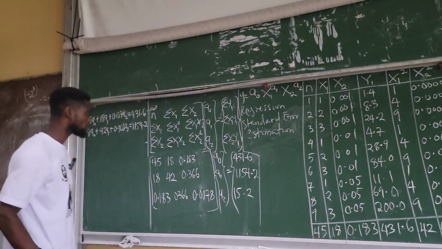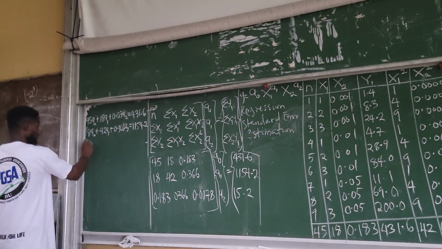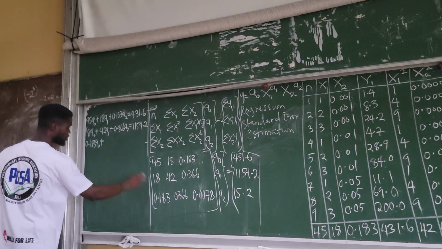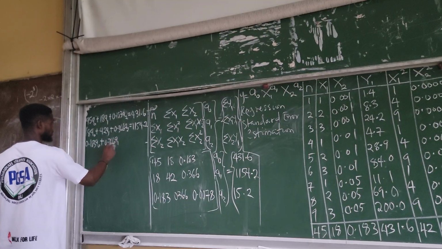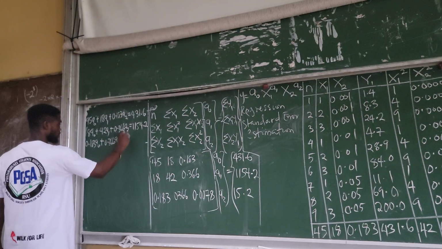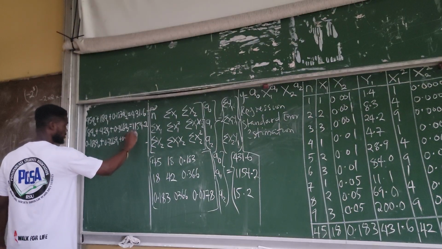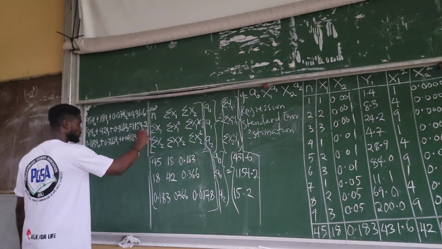After that, we now have 0.183 a0 plus 0.366 a1 plus 0.0078 a2 is equal to 15.2.